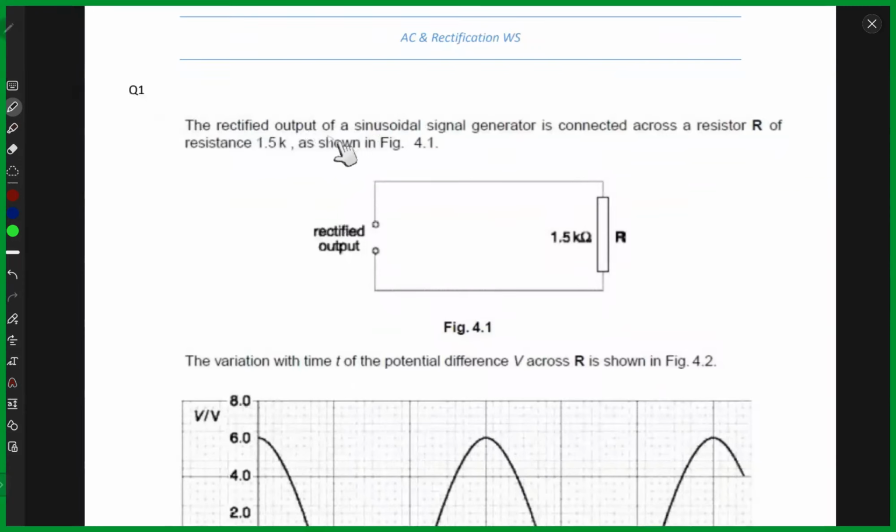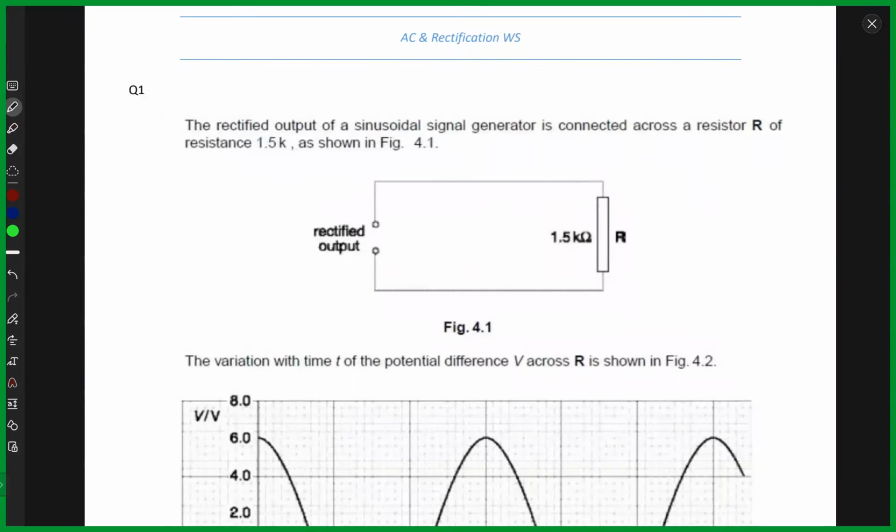We have a rectified output of a sinusoidal signal generator connected across a resistor R, which has a resistance of 1.5 kilo ohms, right?